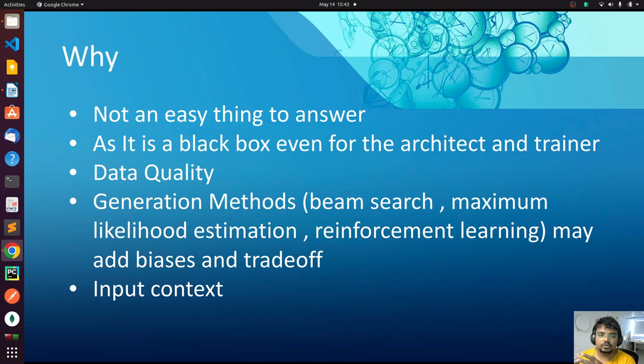If you took the data from a very bad resource, like a website where people write anything without factual checks, then the LLM will also hallucinate about those things because it was trained on that data.